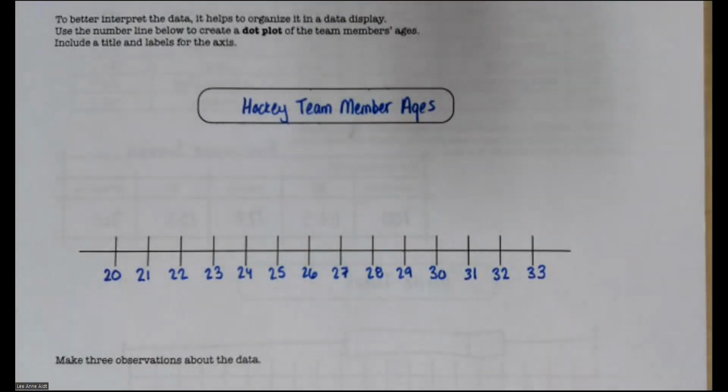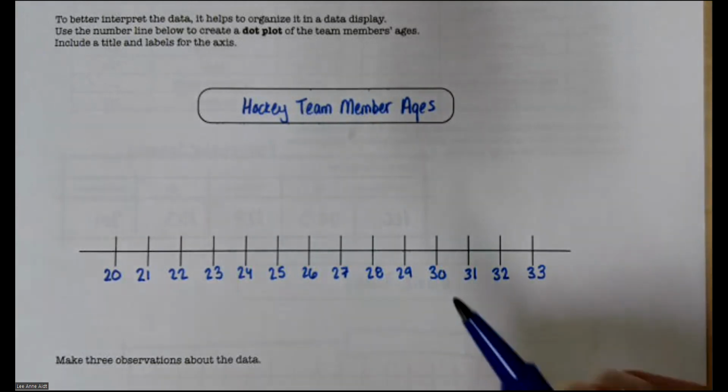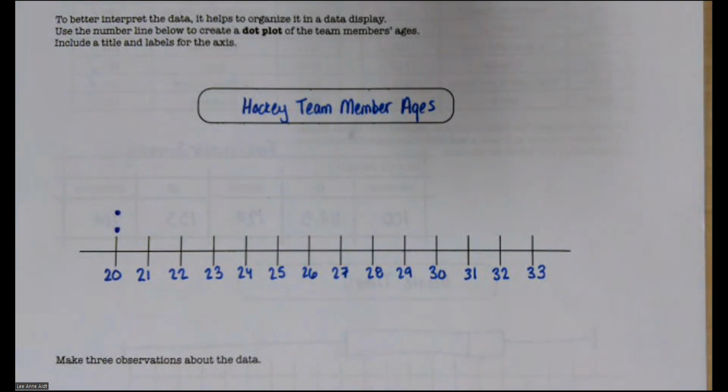The lowest age is 20, so I just started numbering from 20. Okay, how many of the players are 20? 2. So we're gonna put 2 dots.